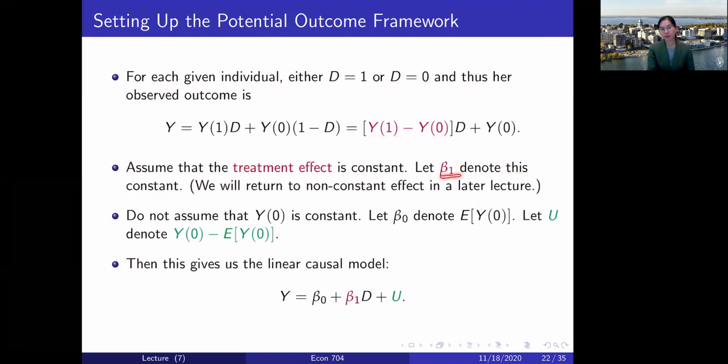Then this beta 1 by definition is the constant treatment effect. This is of course a strong assumption and it's usually not considered to be true. We will return to non-constant effects in a later lecture. But for now, let's assume this treatment effect is constant for every individual. So that is beta 1.